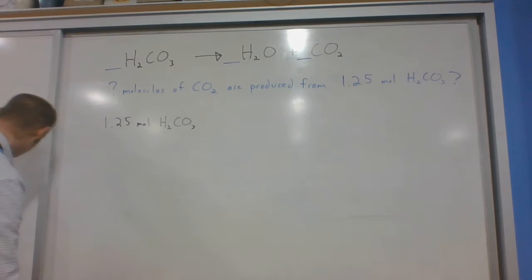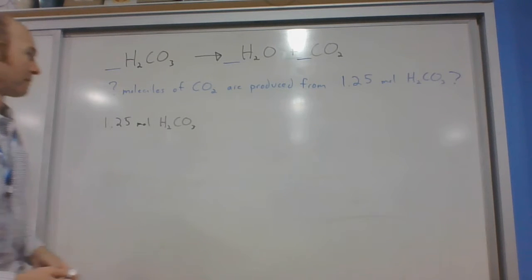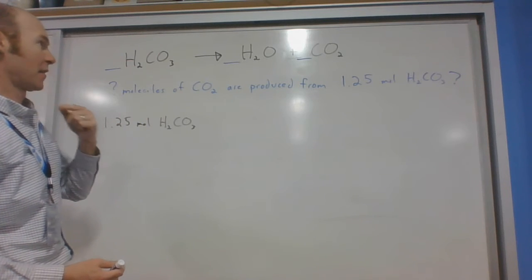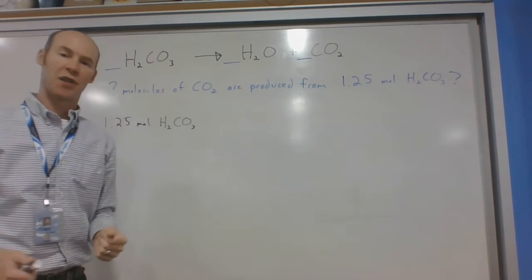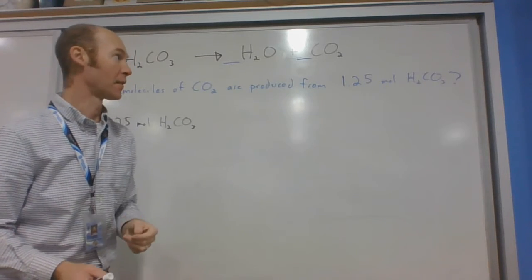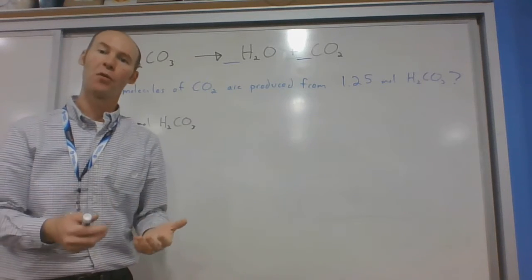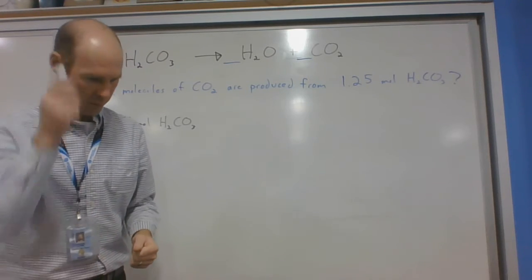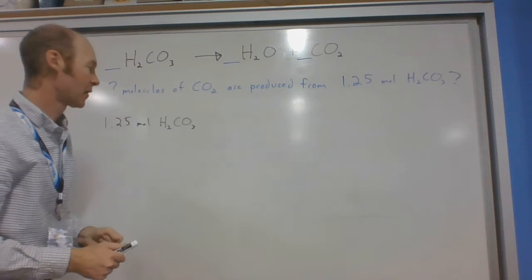Okay, that's good. Well, we're going to go for molecules in the end, but if we have a balanced equation up here, it's the mole ratio. 1 mole of this makes 1 mole of that. We can always convert from moles of CO2 into molecules with Avogadro's number. So keep that in our back pockets and get right to it.